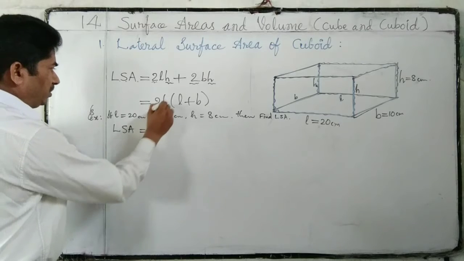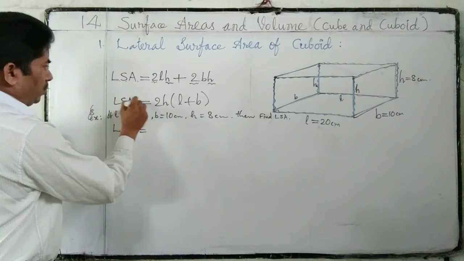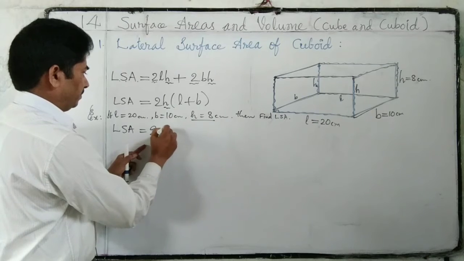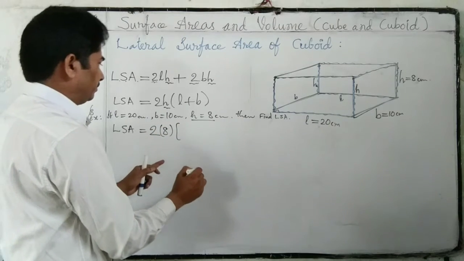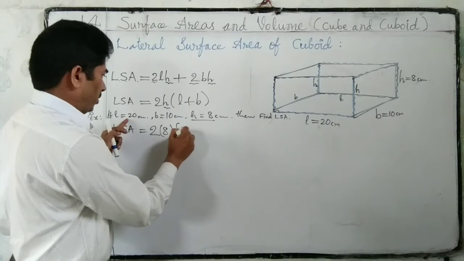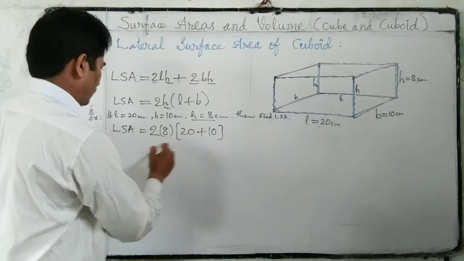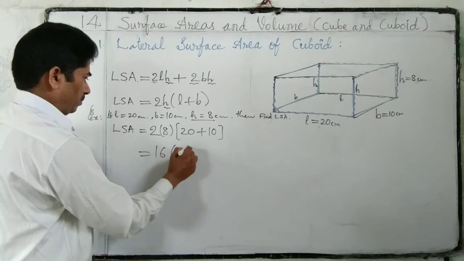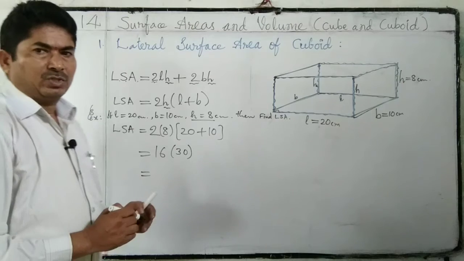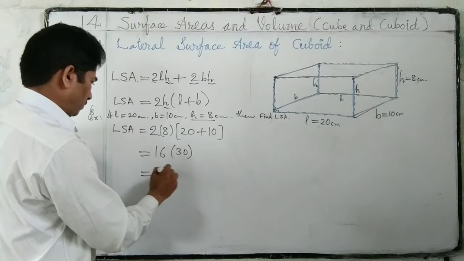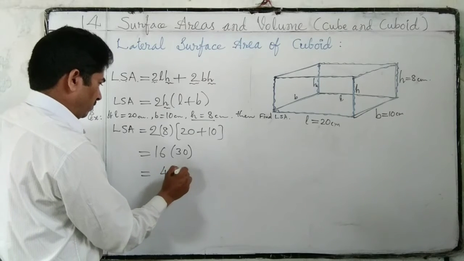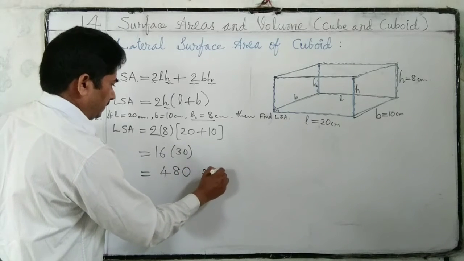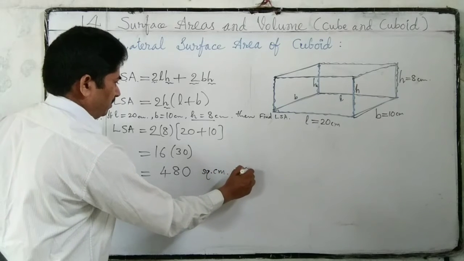LSA is equal to, this is the formula, 2H of L plus B. 2 into, in place of H we have to substitute 8, and length 20, breadth 10. 2 8s are 16, 20 plus 10 is 30, 16 2s are 32, 16 3s are 48, so 480 square centimeters, or we can write centimeter square.